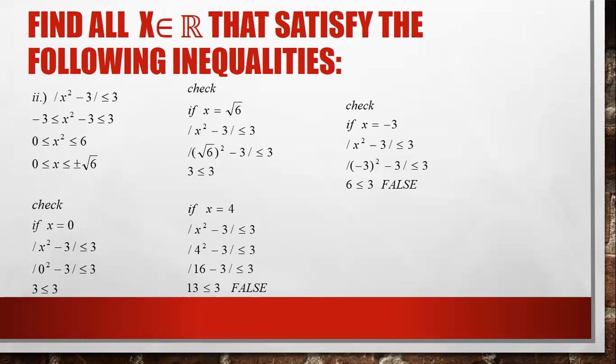Not. Okay. So, therefore, if our value of x is less than negative 2, we will come up with a false conclusion. So therefore, the value of x is greater than or equal to 0 and less than or equal to positive and negative square root of 6. So that's all. Thank you.